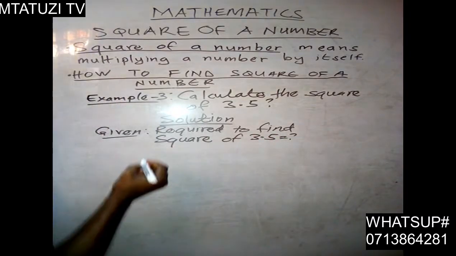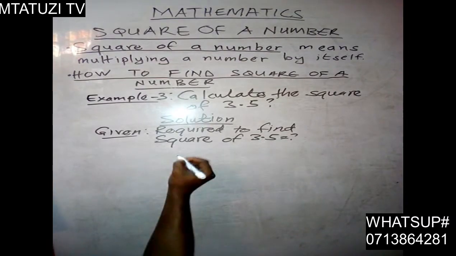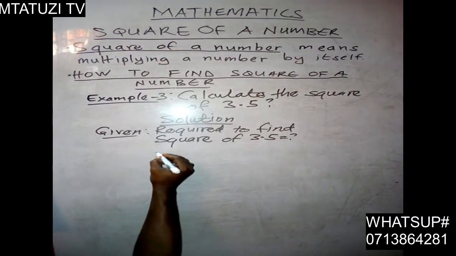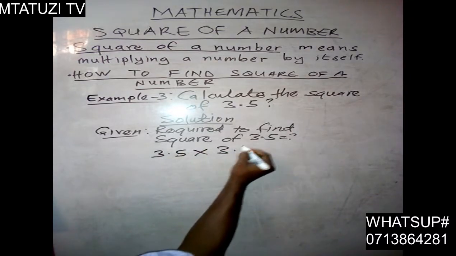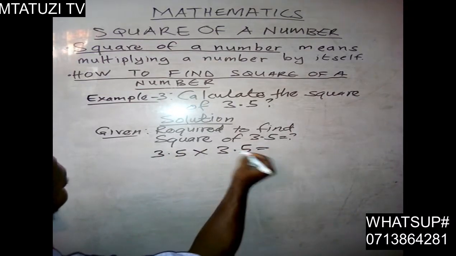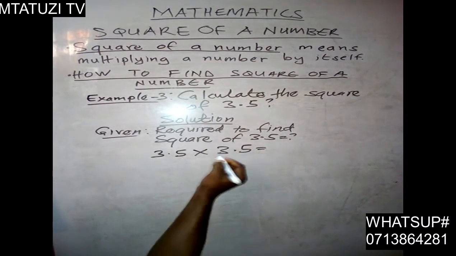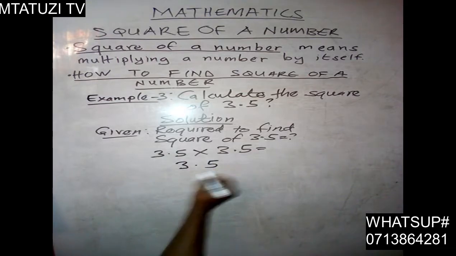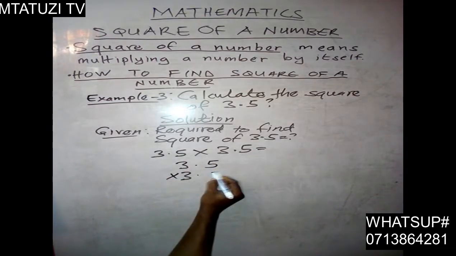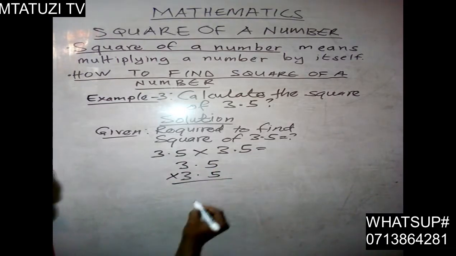Solution. So in order to find the square of 3.5, we have to multiply. So we have to take 3.5 times 3.5. In order to multiply this number, we have to use the vertical method. 3.5 times 3.5, vertical method of multiplication.